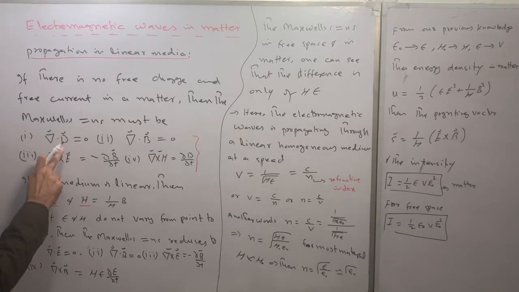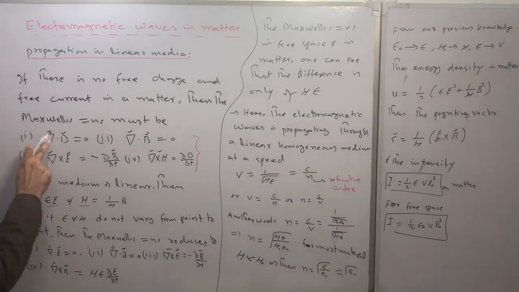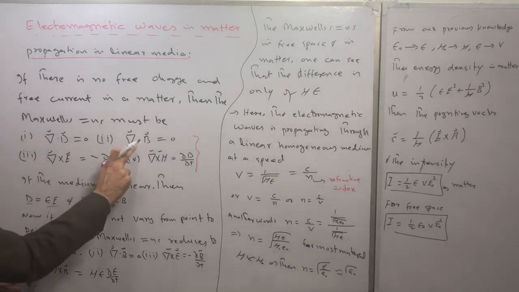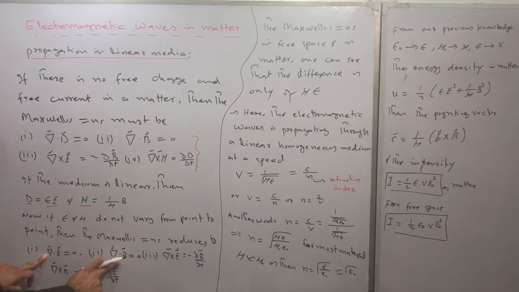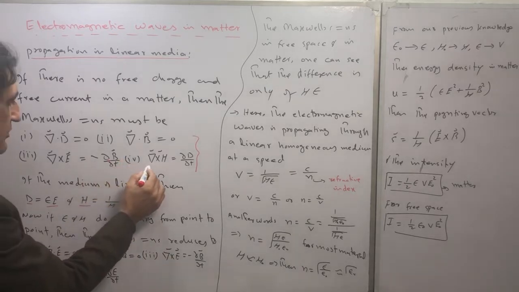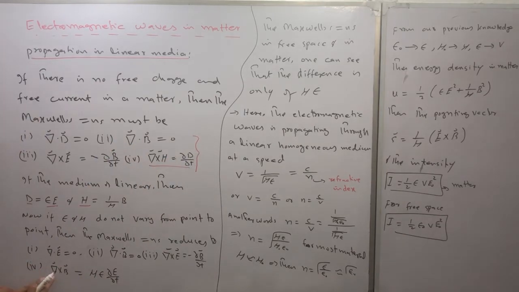If we put the value of D, epsilon E, in the first equation, we get divergence of E equal to 0. The divergence of B is equal to 0, and this remains the same. In the fourth equation, if we put the values of H and D, we get the relation curl of B equal to mu epsilon partial E divided by partial t.